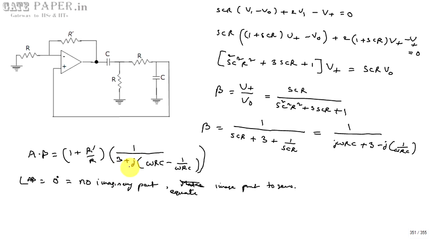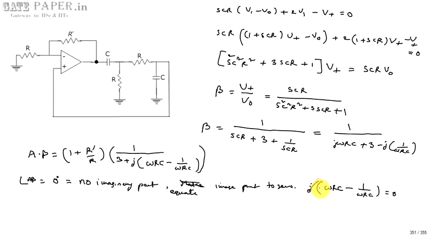The imaginary part is J times (omega RC minus 1 by omega RC), which is equal to 0.